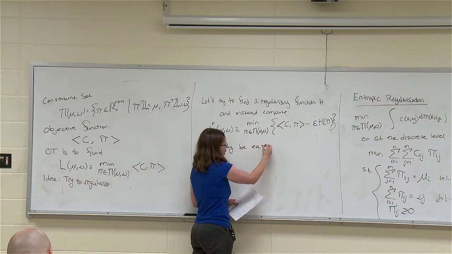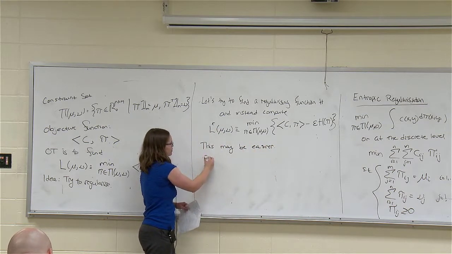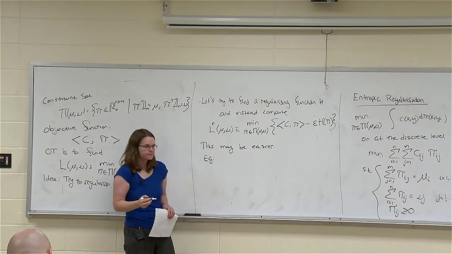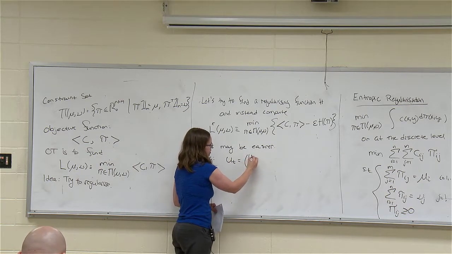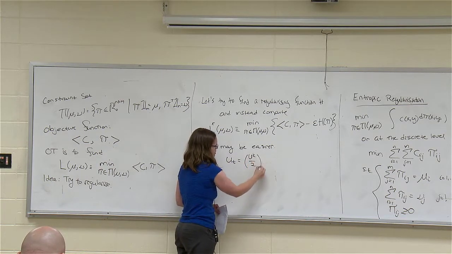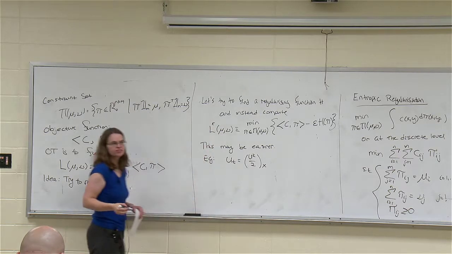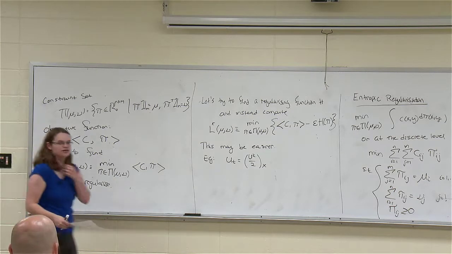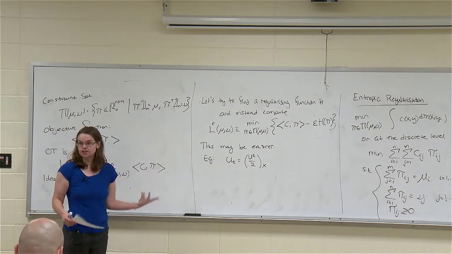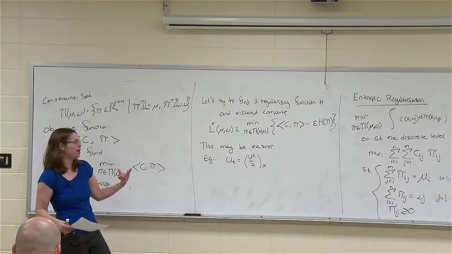Okay, and again, just as a quick example, we do this all the time. We might need to solve, say, something like this, which you should recognize as Burgers' equation, right? And this can have shocks, it can have discontinuities. It's a hard problem.